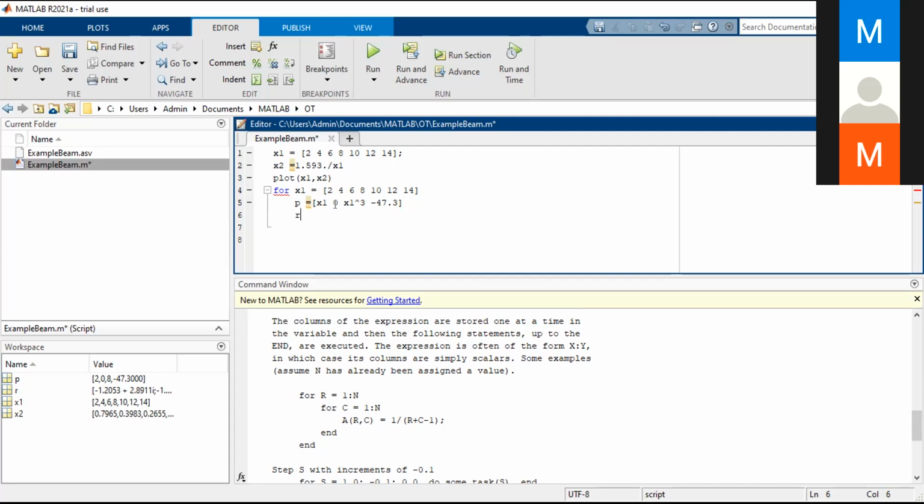Now if I'm going to find the root, it is the same as in Python.